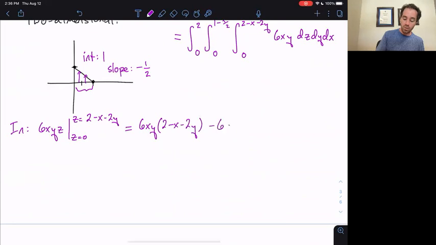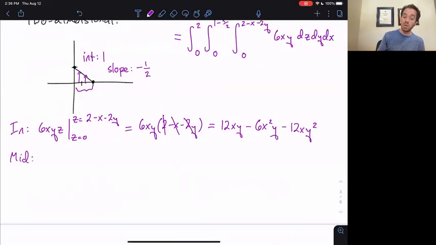And then we ordinarily would write, 6xy times the lower bound, but that's 0. So we don't really need to do that. Let's expand this to make the future integrations easier. It'll be 12xy, that's that part, minus 6x squared y, that's that part, and then minus 12xy squared, that's that part.